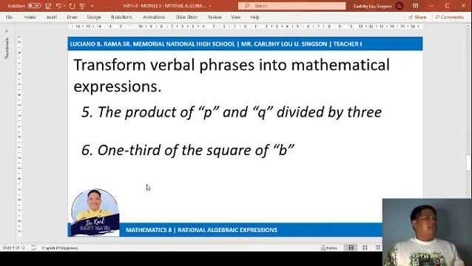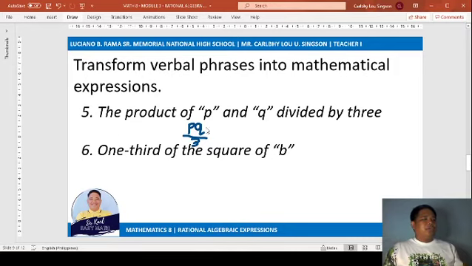Okay. Number 5, the product of p and q divided by 3. So we can simply say the product of p and q, right? Two letters that are side by side, we consider that we need to multiply, the two letters or the two variables. Divided by 3, so you could put the fraction bar there, that means also division. And you put 3 there.